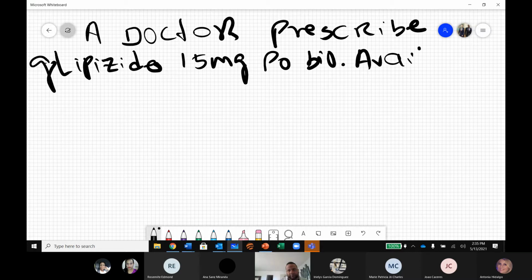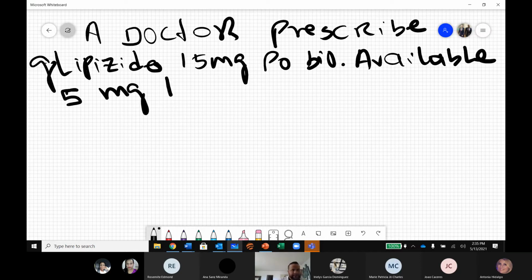This medicine is available as a 5 milligram tablet.